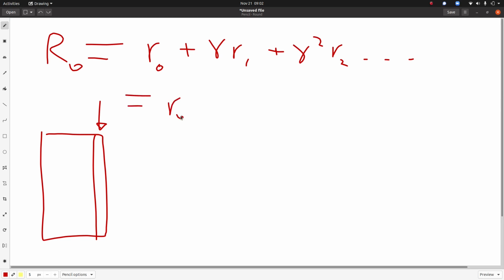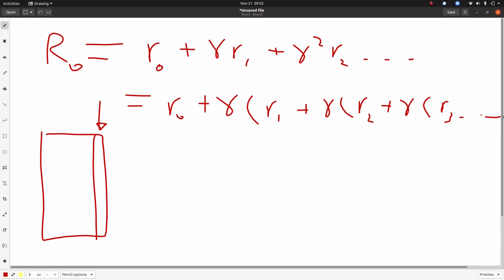And this will result in R naught plus gamma times R1 plus gamma times R2 plus gamma times R3, and so on and so forth.